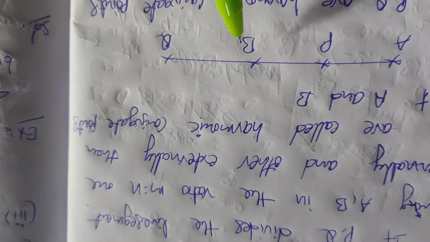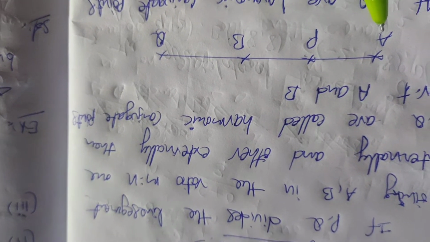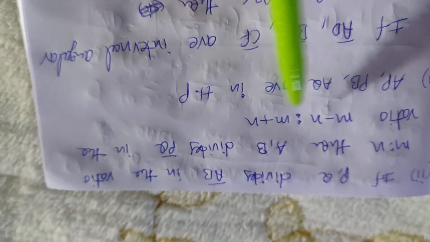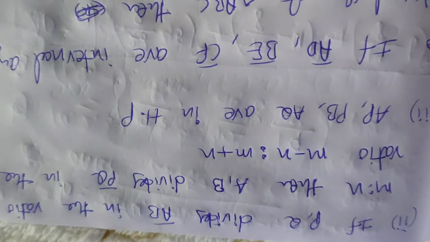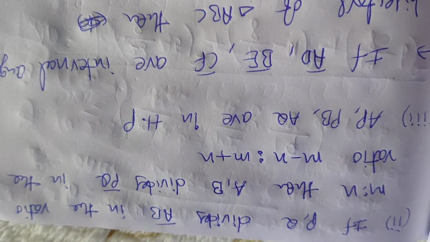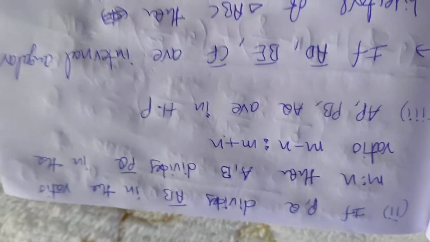One is an internal point, B is an internal point here, A is an external point, but the ratio is m−n : m+n for A, B. Okay, if you know the P, Q ratio, then you can find the ratio for A, B, that is m−n : m+n.